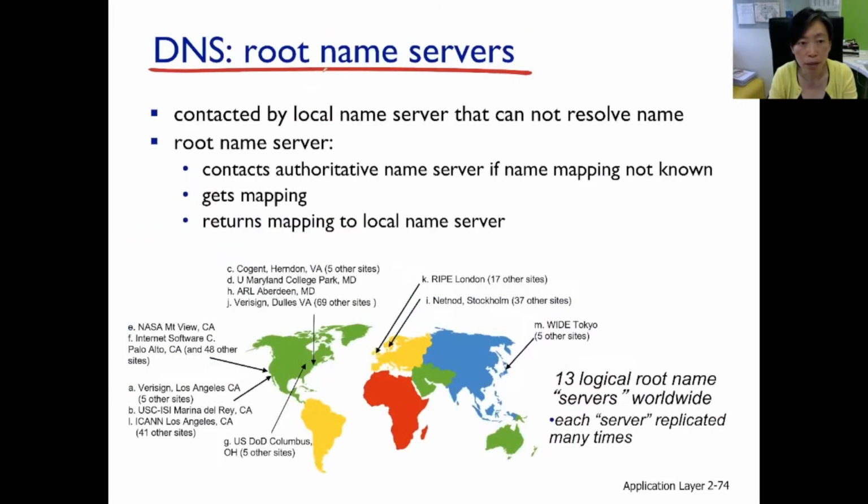Let's talk about each of these name servers a bit more. At the top level, the root name servers are contacted by the local name server. Now allow me to explain. This local name server is not in the hierarchy. It is very close to the client. Typically a whole bunch of end hosts in an ISP will share one.